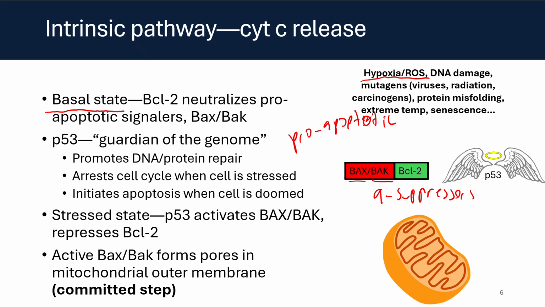Extreme temperature, like freeze-thaw cycles or heat waves, can really screw up protein structure, mess up protein folding. And let's not forget our mutagens: viruses, radiation, carcinogenic compounds. All of these things can alter or physically damage the DNA running the show here.